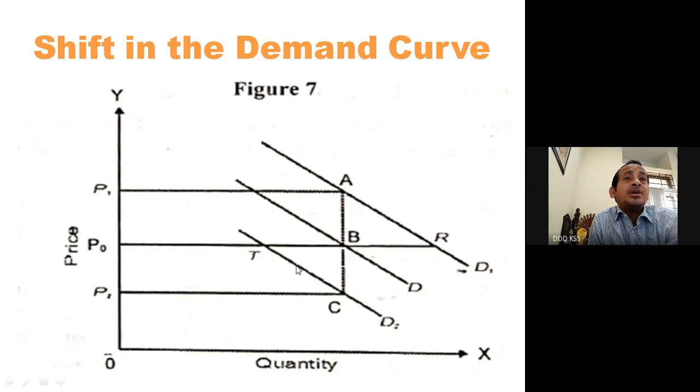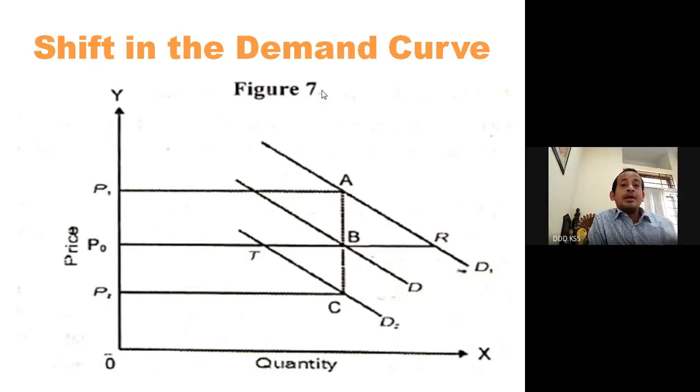So these are known as the shift in the demand curve. Here, price is not the main factor. Price is not a matter, but the consumer income, price of the related goods, and consumer taste, preference, habit are the main things. Now, due to these factors, if demand increases or decreases, what will happen? That we discuss through the shift in the demand curve.